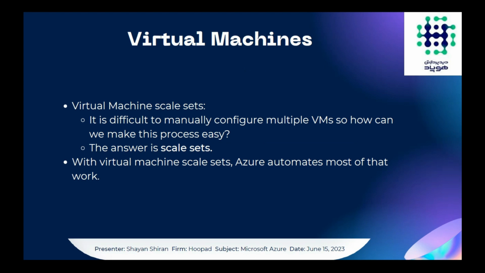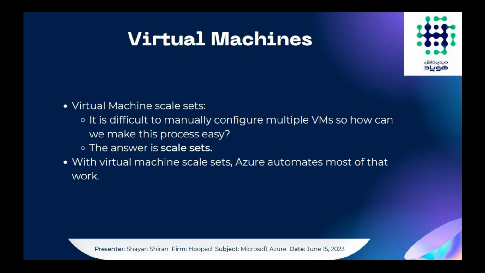There are two concepts in virtual machines. One of them is the scale sets, and the other one is the availability sets. If we create multiple VMs, we need to make sure that they are identically configured, and then we should set up the networking parameters.